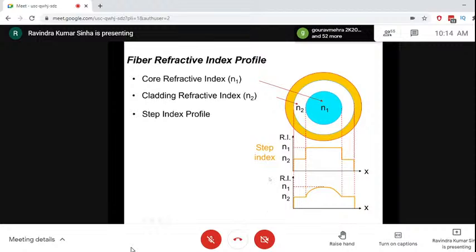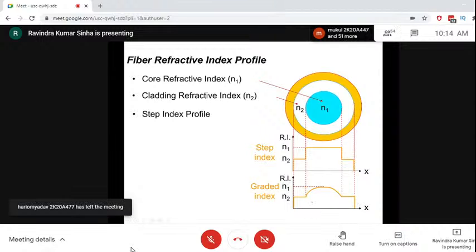In graded index fiber, the maximum refractive index is at the center of the core and it decreases continuously within the core up to the value of n2, and then it is n2 in the cladding. That is called graded index fiber.